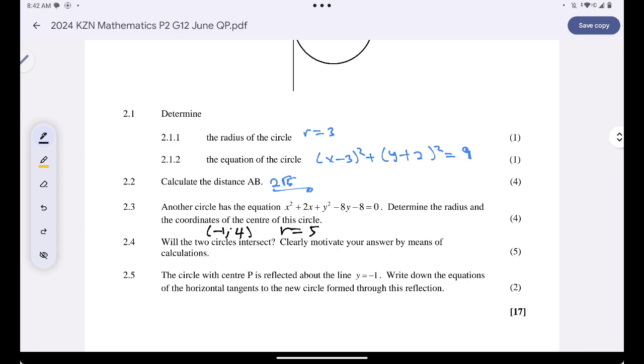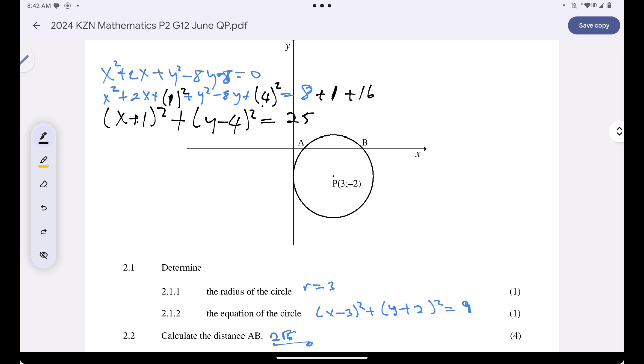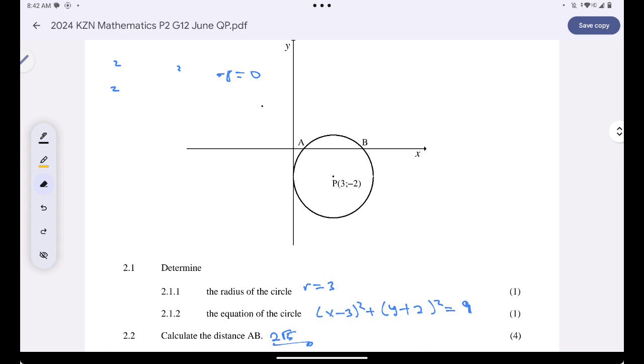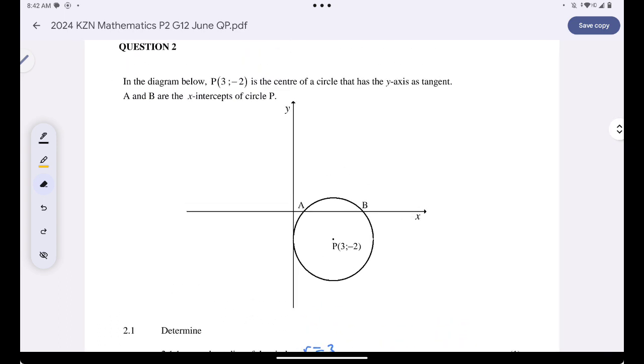Okay. The circles will intersect if the distance between their centers is smaller than the sum of their radii. How can I determine that?